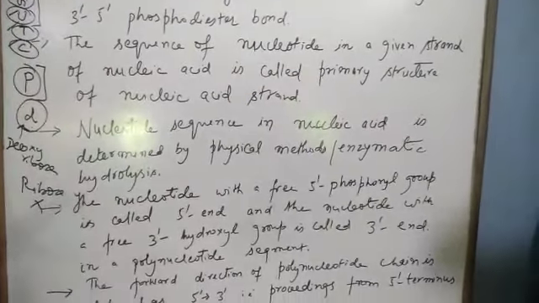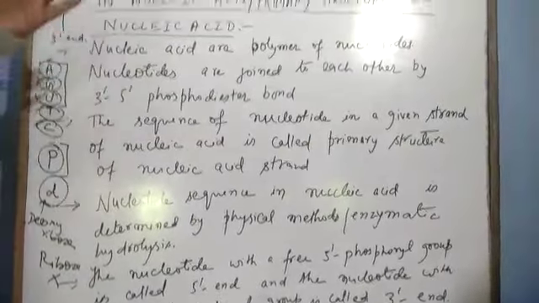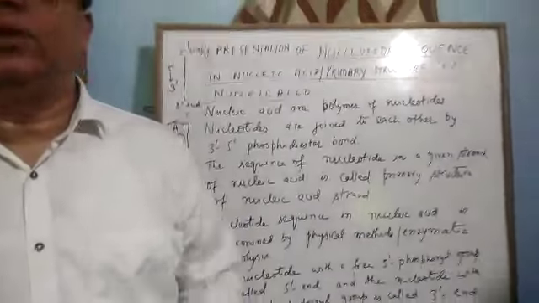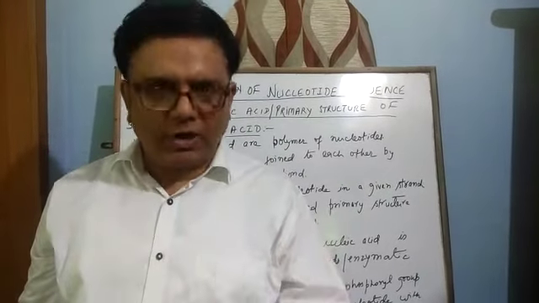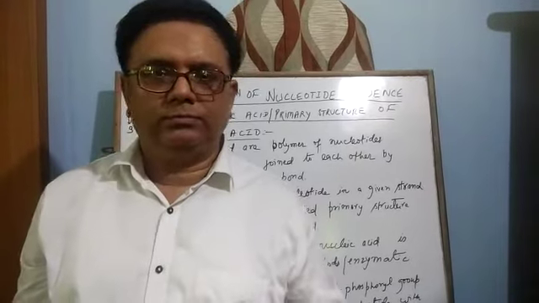Okay, we will now talk about the representation in graphic form, by taking an example of a tetranucleotide, both in letter form and in line form. Okay.